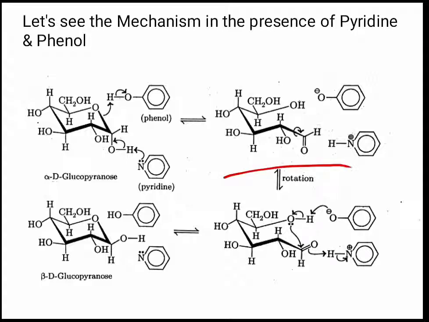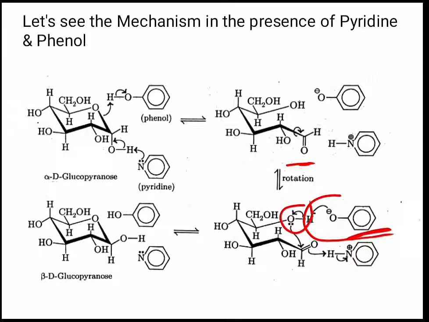So you will get this open ring structure, and again there is a possibility of bond rotation. So if this bond rotates, this carbon will go to the top, this hydrogen will go to the bottom. Now again the conjugate base of this phenol, that means this is the phenoxide ion, will take a proton from this OH.